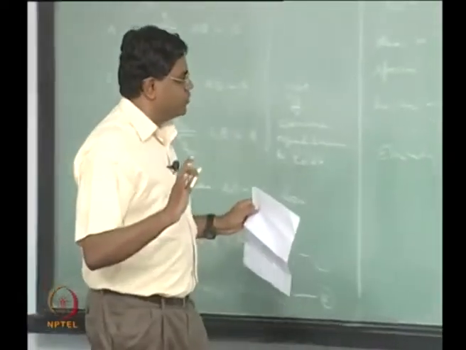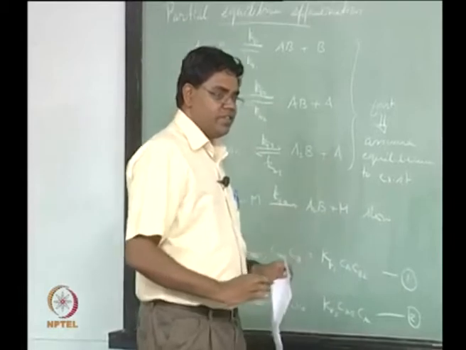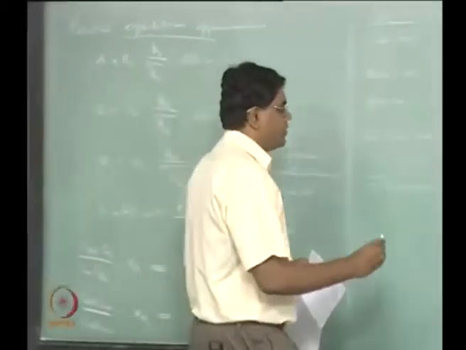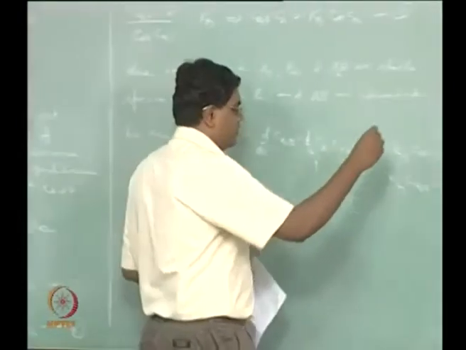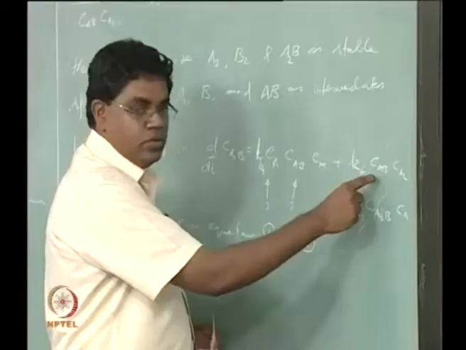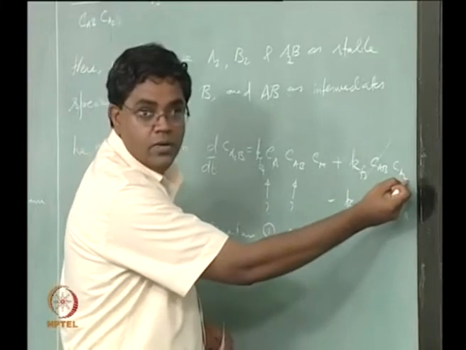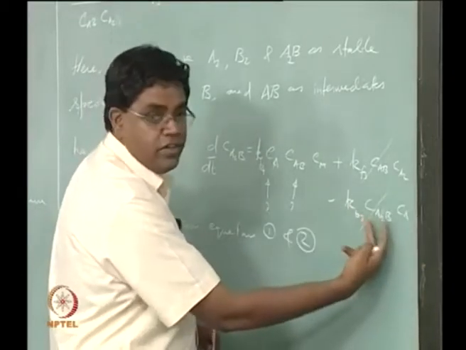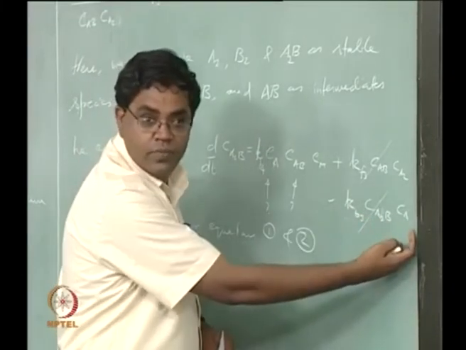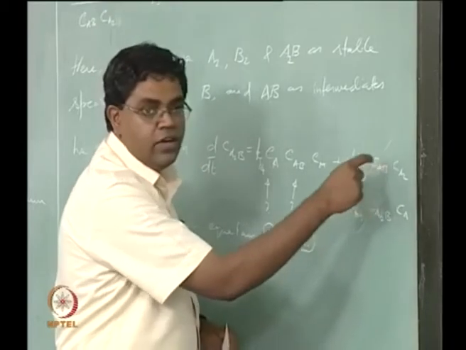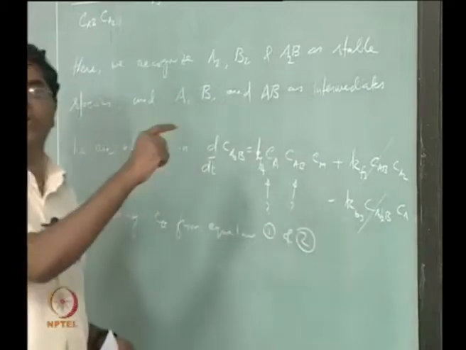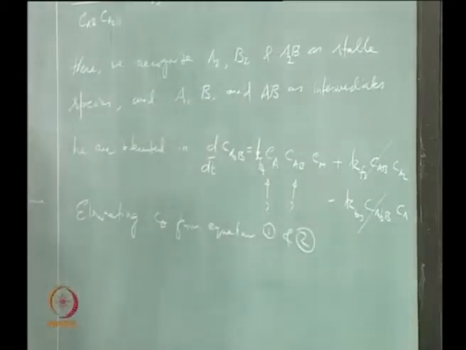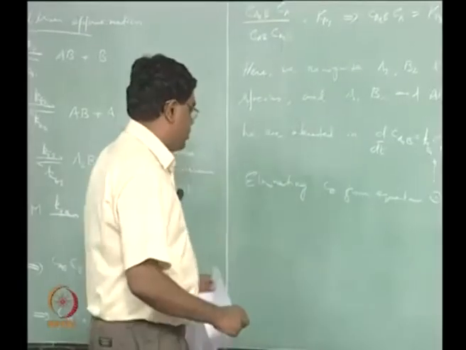So it is always good to go through the details, and therefore we are stuck with only this. If this were not to be cancelled, then we understand that this is unknown, but this is to be treated as known, and this is unknown, and still we would be requiring concentration of AB and A to be expressed in terms of A2, B2 and A2B. This is the procedure that we are looking for.